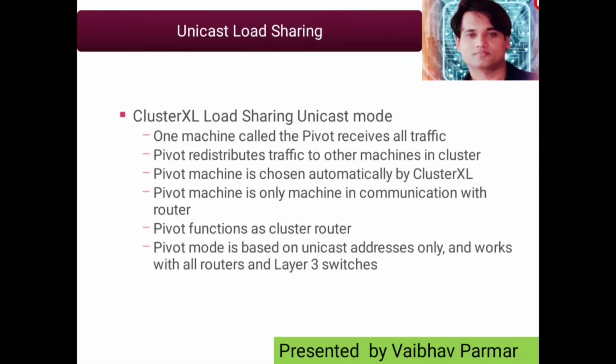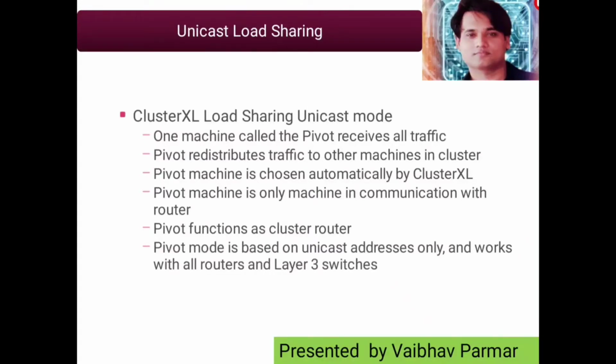Let's understand unicast load sharing first. In a ClusterXL load sharing unicast mode, one machine called the pivot receives all the traffic from a router with a unicast configuration and redistributes the packets to the other machines in the cluster. The pivot machine is chosen automatically by ClusterXL.